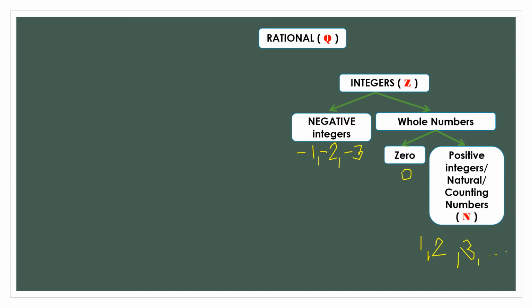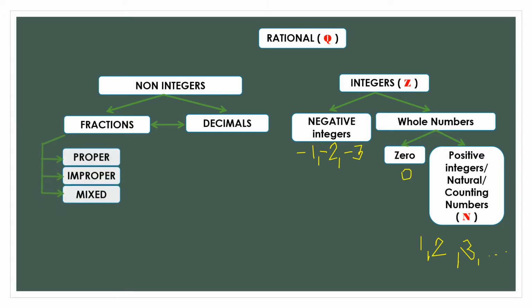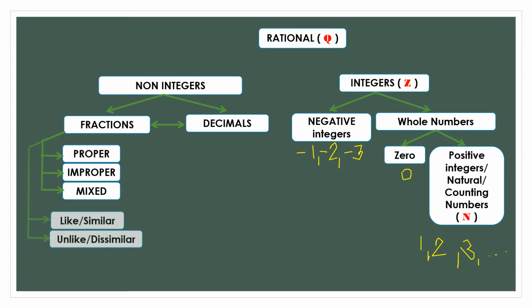If they are not integers, they can be non-integers. So what are non-integers? Non-integers are fractions and decimals. Fractions that can be converted into decimals, and decimals that can be converted into fractions. We already studied about fractions. We know that there are proper, improper, and mixed fractions.